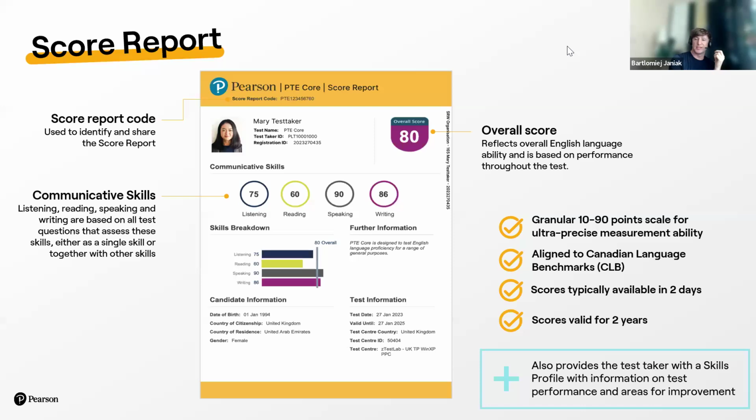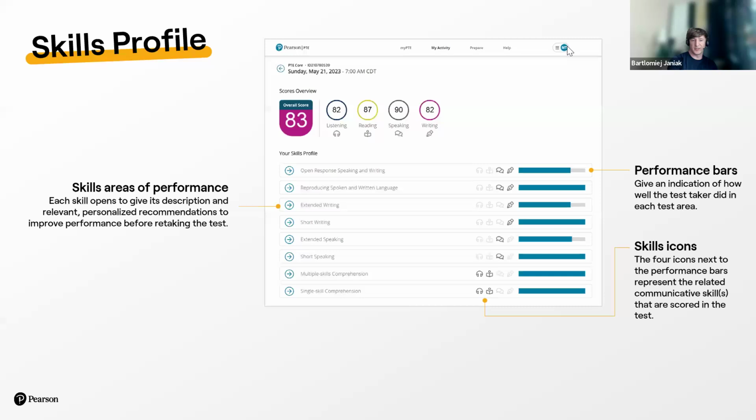So when you are planning to go to Canada to work or to study in Canada, you will need to visit the Canadian Language Benchmark website to see the alignment and the requirements which are presented for the particular purpose. And of course, once candidates get their scores, they will also have a chance to look at the skills profile so that they can potentially use it for further development.